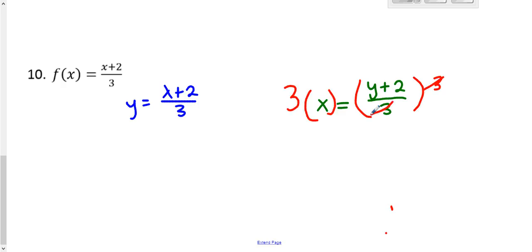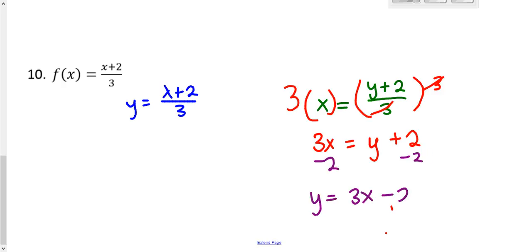These cancel, and we have 3x equals y plus 2, and then we just have to subtract that 2. So y equals 3x minus 2, and that's your inverse. And you're done. So that problem should be pretty straightforward.